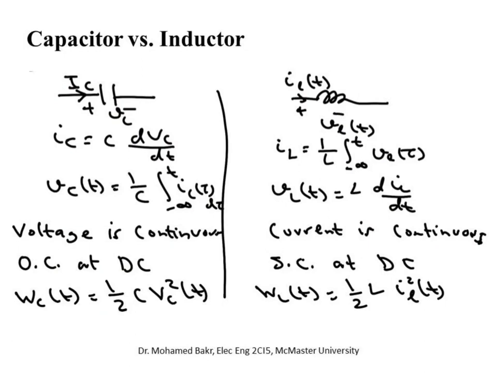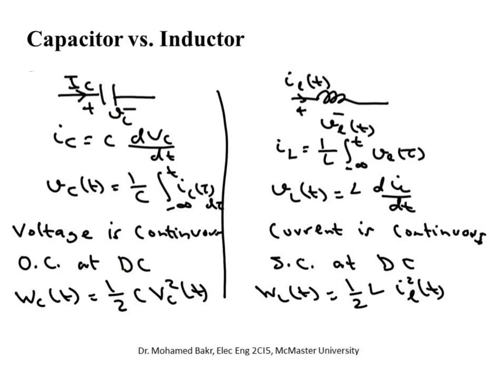This can't happen, but the voltage can be discontinuous. And the reason for this, if the current is discontinuous, then this derivative will be infinite. And if this is infinite, this means that you need an infinite voltage to create this change. And this is not really something physical. So this current has to change in a continuous way. Energy, and the last thing I want to mention, or the one for last, is that at DC, an inductor represents short circuit.